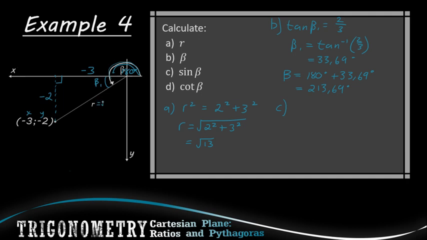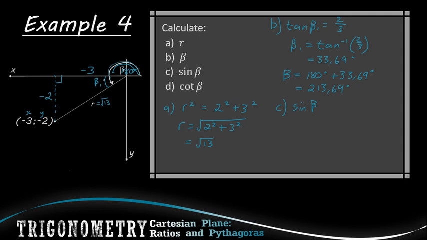Our hypotenuse here was 13, right? So sine beta, because we want to find the whole of beta, and that's what makes the signs quite important, to remember to include your signs. And remember this distance here will always be positive. It's only your x and your y values that will sometimes be negative depending on what quadrant you are in.